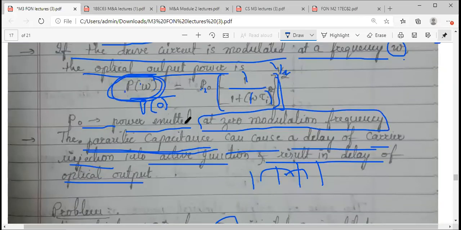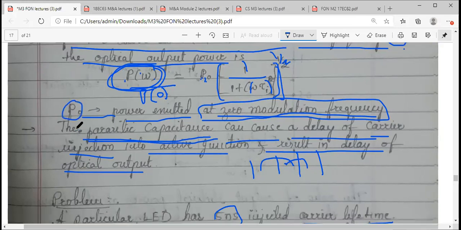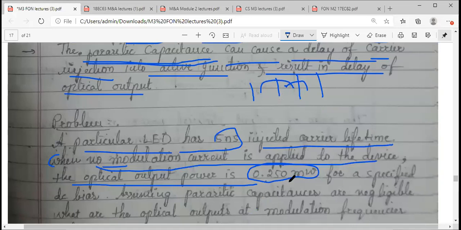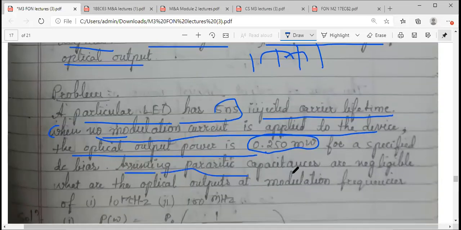Without any modulation, that is zero modulation frequency. Frequency is zero in the sense you are not applying any modulation technique here. So that is P of 0 or P naught. P naught value is given to you as 0.250 milliwatts. Assuming parasitic capacitance are negligible, we need not count it.